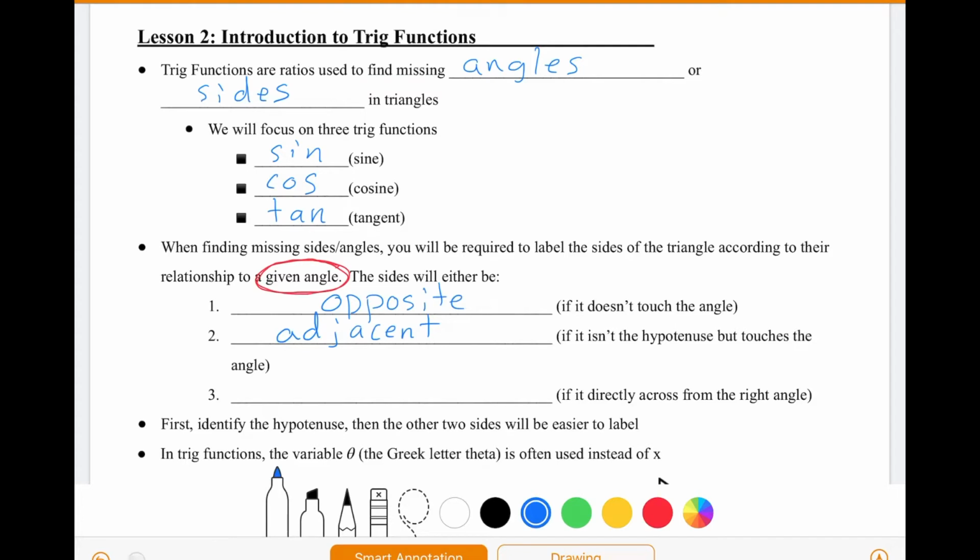And then whether it is the hypotenuse itself, which doesn't truly have a relationship to the angle given, you just know it's the hypotenuse because it is opposite of the right angle. So we first need to identify the hypotenuse, then the other 2 sides will be easier to label.